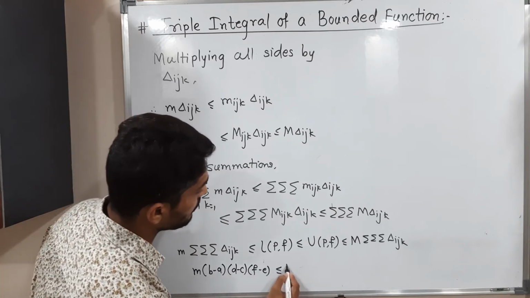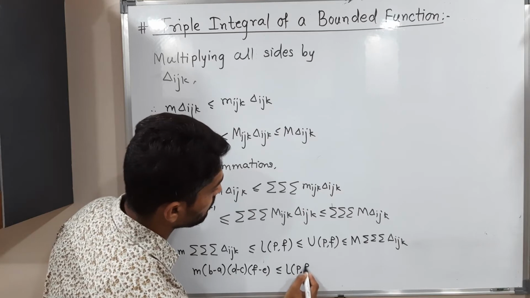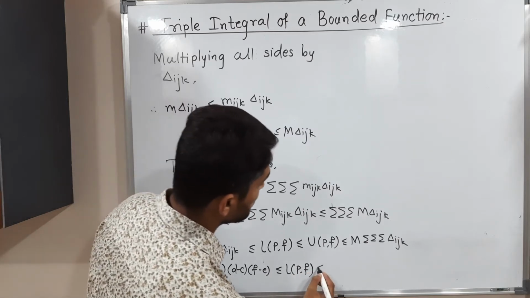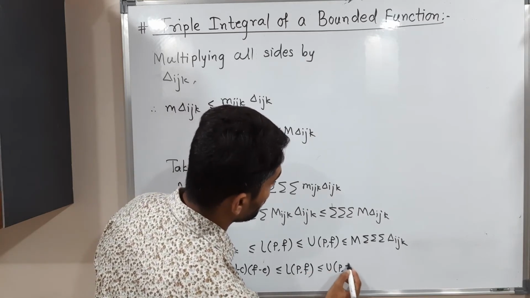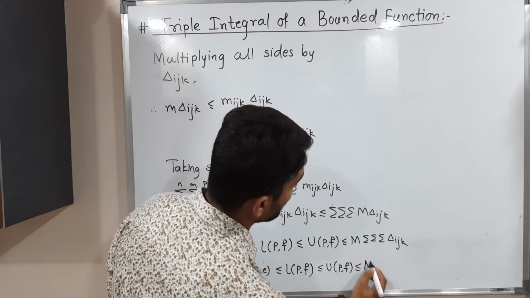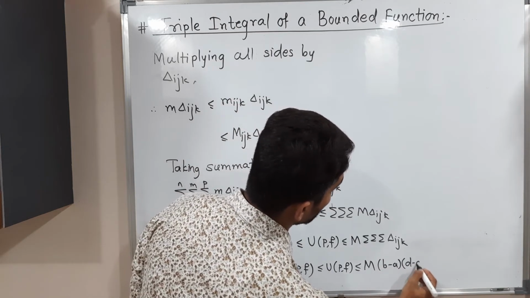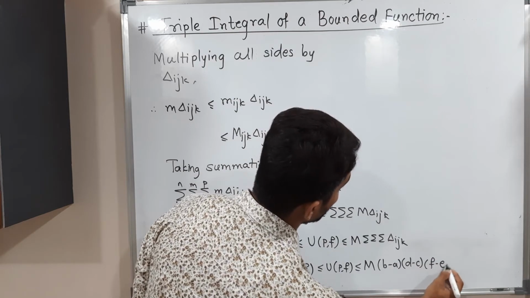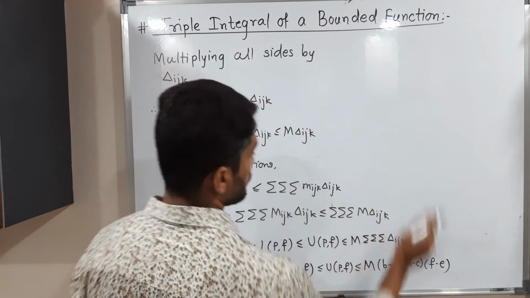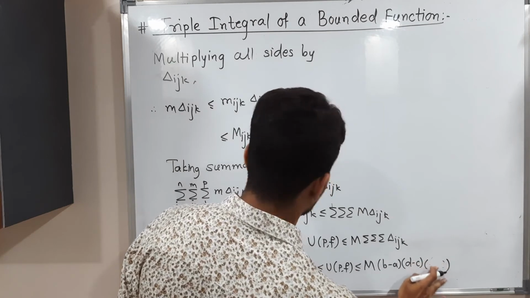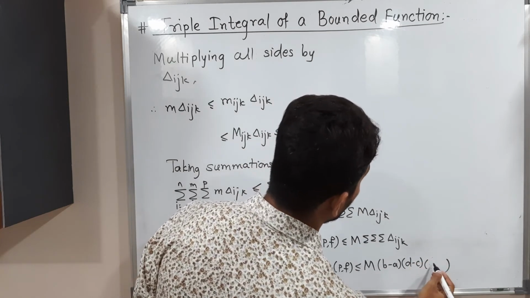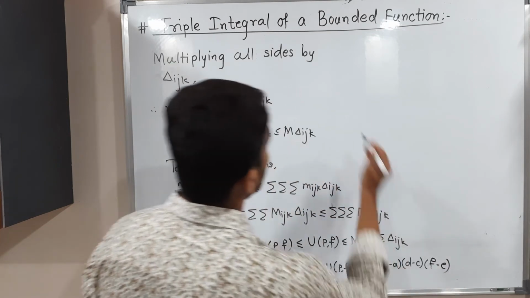So less than or equal to LPF, less than or equal to UPF, and the same logic I am applying here. This is b minus a, d minus c, and f minus e. Sorry, e minus f I need to write, f minus e.